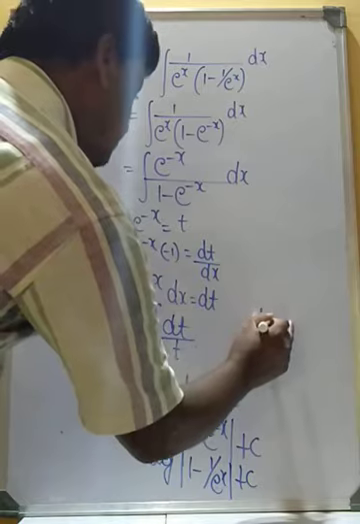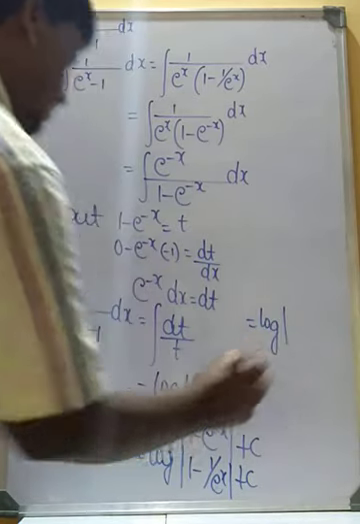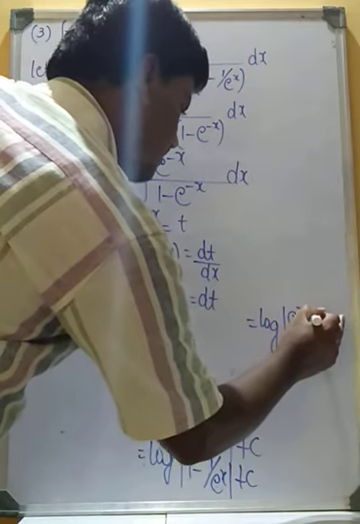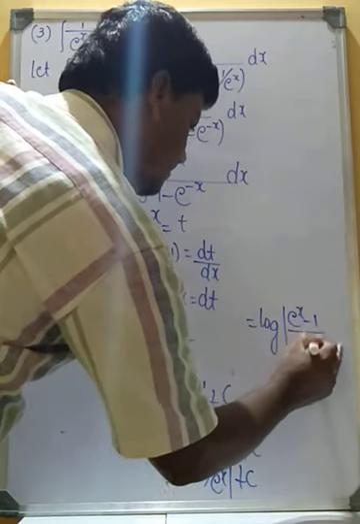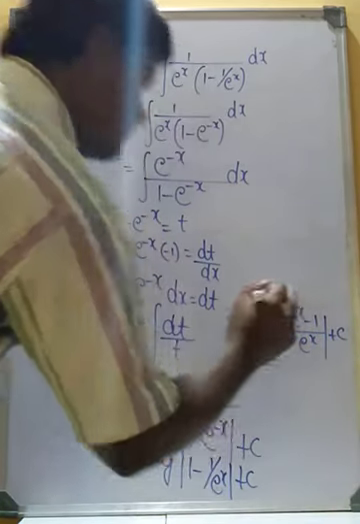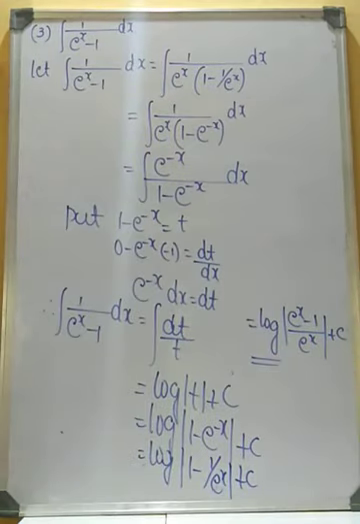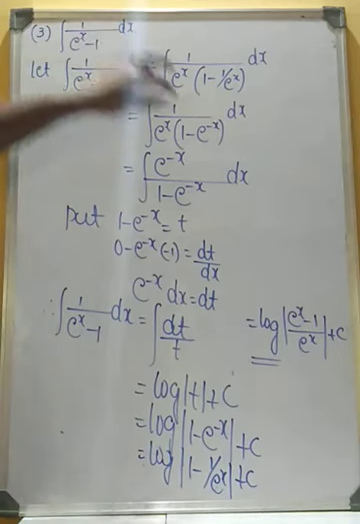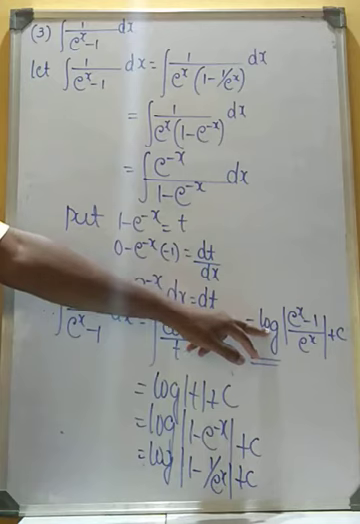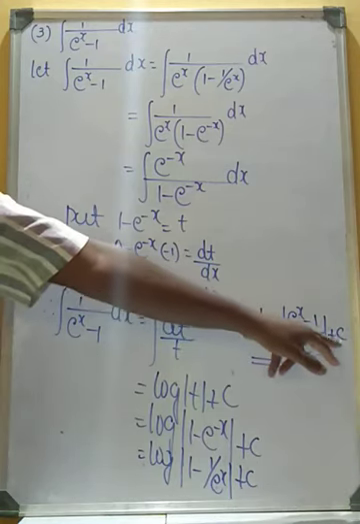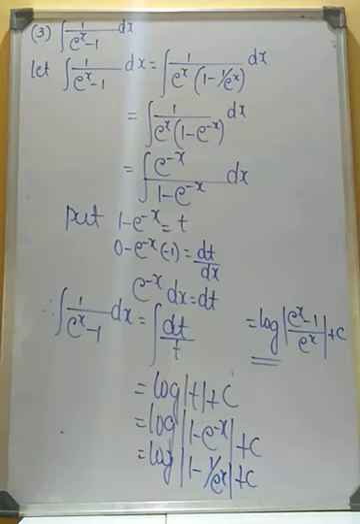Taking the LCM, that is log of mod e power x minus 1 divided by e power x plus c. So the integral of 1 by e power x minus 1 into dx equals log of mod e power x minus 1 dividing by e power x plus c.